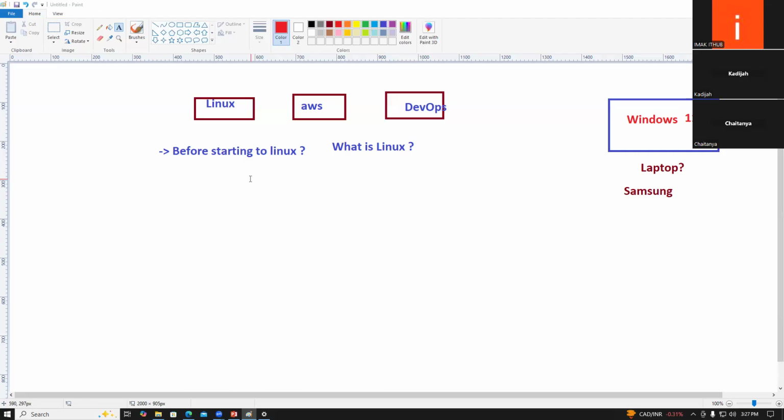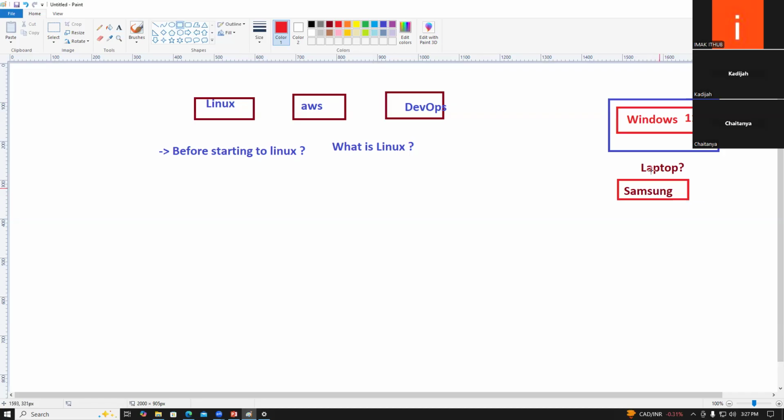Which OS? Which version? Windows Edition 11 Home. Yes, Windows 11. So Windows 11 is the OS installed on your machine. So the laptop hardware company is Samsung, right?